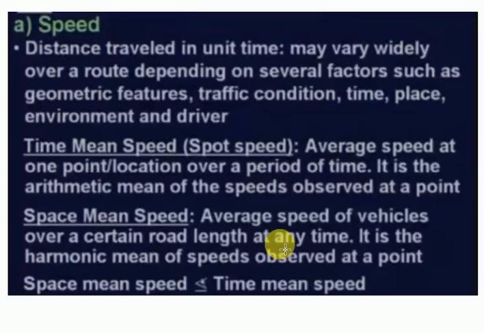In that section, we count how many vehicles are there, and based on the count of the vehicles, the speed is evaluated. Both mean speeds will always be different from each other. The time mean speed is a point measurement, while space mean speed is a measure relating to the length of a highway or a lane.